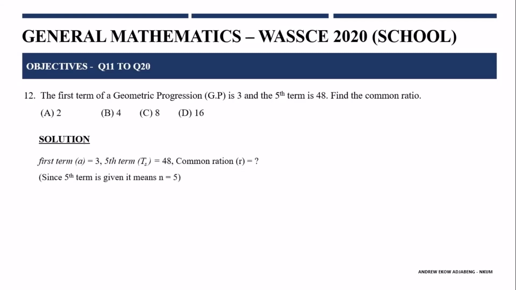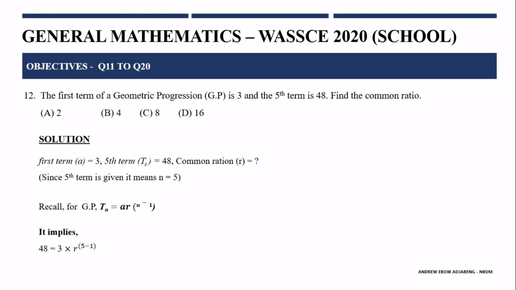Now, since our fifth term is given, it means the value n, which represents the number of terms, is 5. Now, we can recall from this equation, Tn equals a times r, all in bracket raised to the power n minus 1. Here, it affects r.